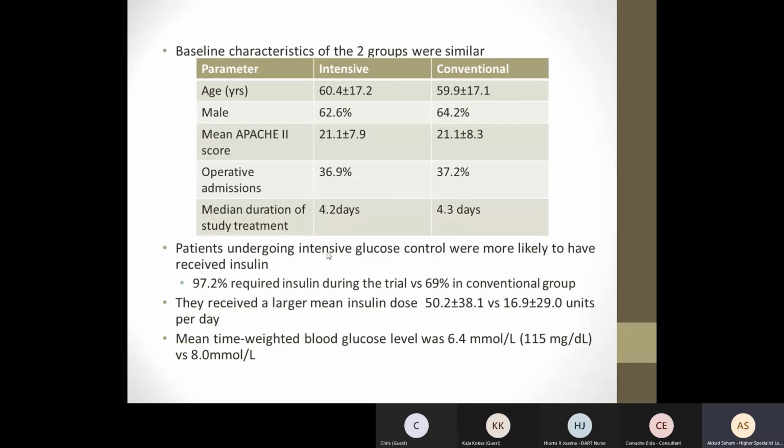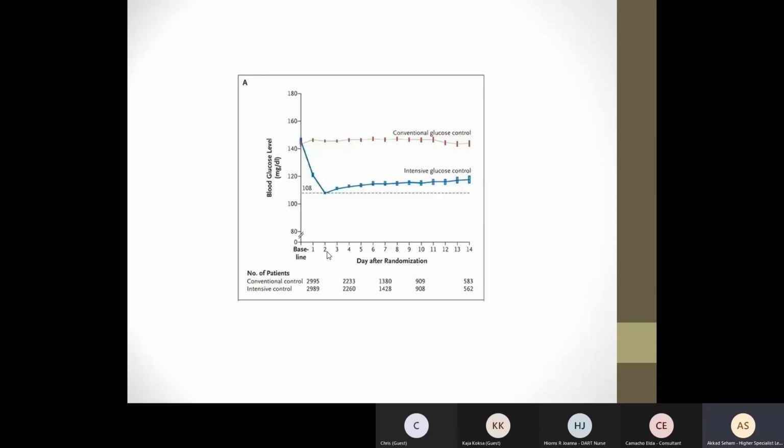And the mean time weighted blood glucose level was 6.4 in the intensive group rather than the conventional group. So here you can see basically in the conventional group, they had a much higher glucose level in the blood compared to intensive glucose control. So giving insulin did reduce the glucose level.